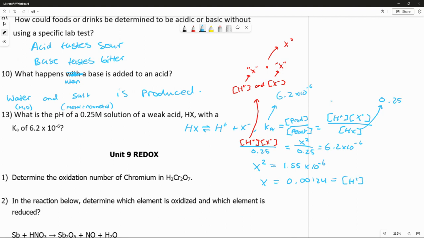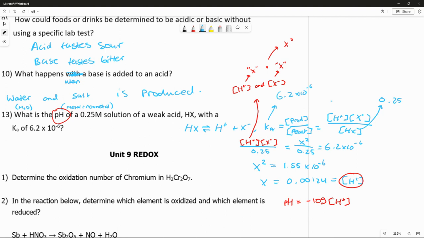With this information, we have to grab the equation we know from the first part we did together. In order to find the pH, we use pH equals negative log of the concentration of H plus, which is 0.00124.